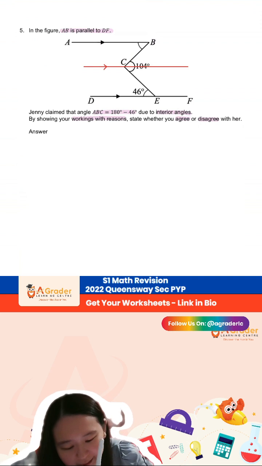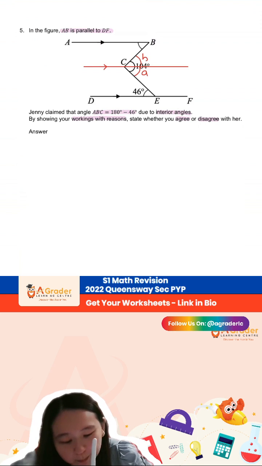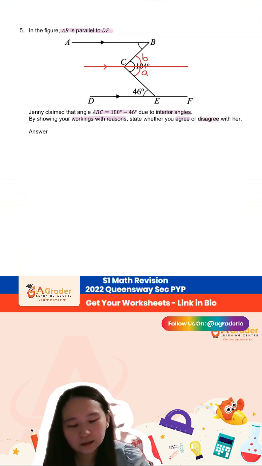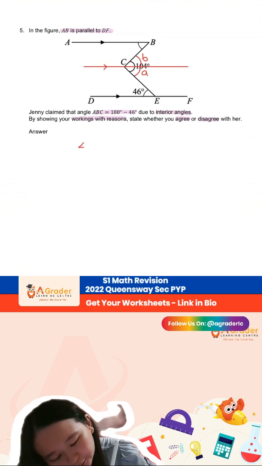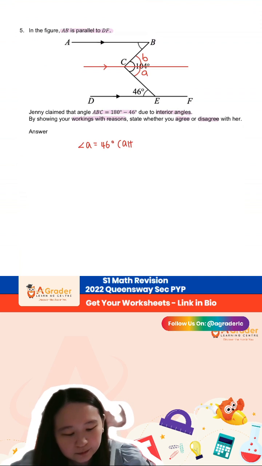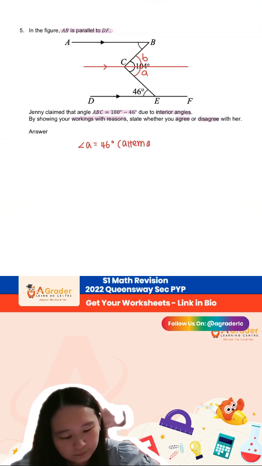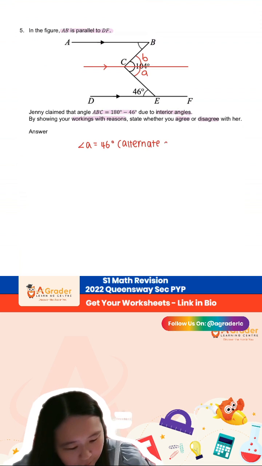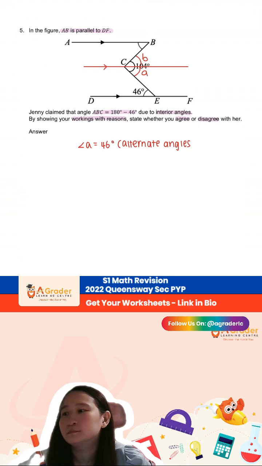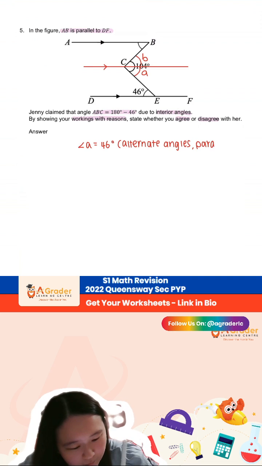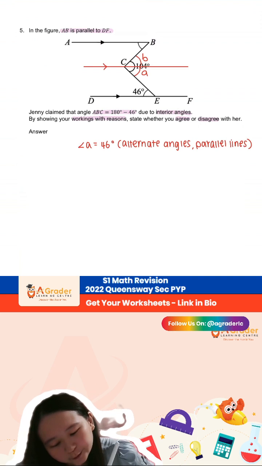Okay, then we let this angle be A and this angle be B. So from here, we can see that our angle A is equals to 46 degrees using alternate angles. Parallel lines whereby this is parallel to this.